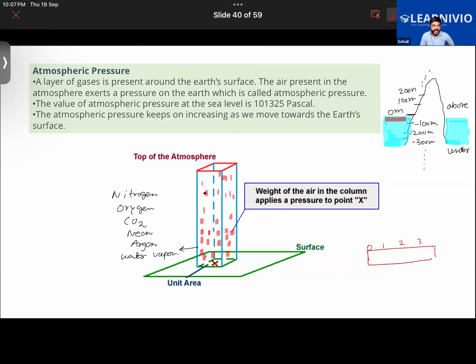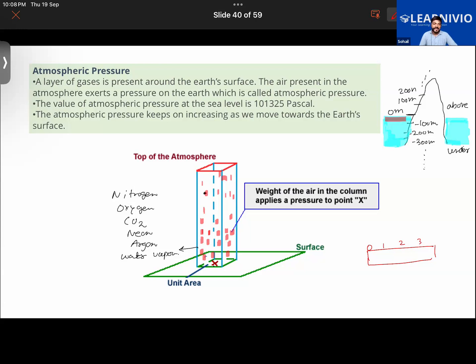So the value of the atmospheric pressure at sea level is about this much, 101325 Pascal. Now, where on Earth do you think atmospheric pressure will be maximum, and where will it be lowest? Think of this. In fact, we have discussed it just now.